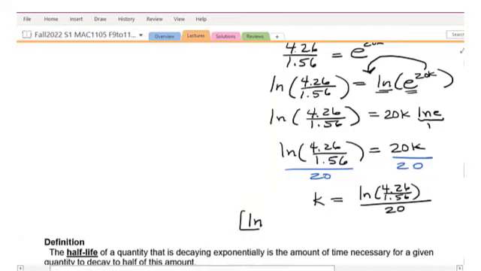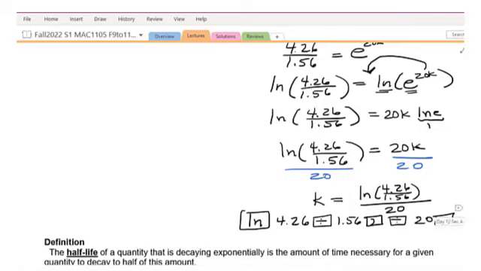Then I put 4.26 divided by 1.56, close the parentheses, that's important, and then divided by 20 equals.